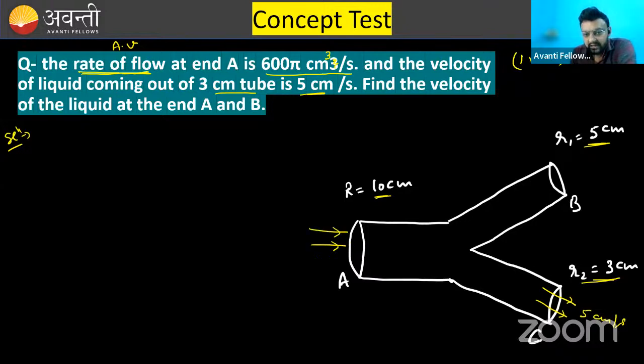Let's suppose liquid is entering this way, traveling, and some of the liquid is getting out from end B, some of the liquid getting out from end C. Okay.